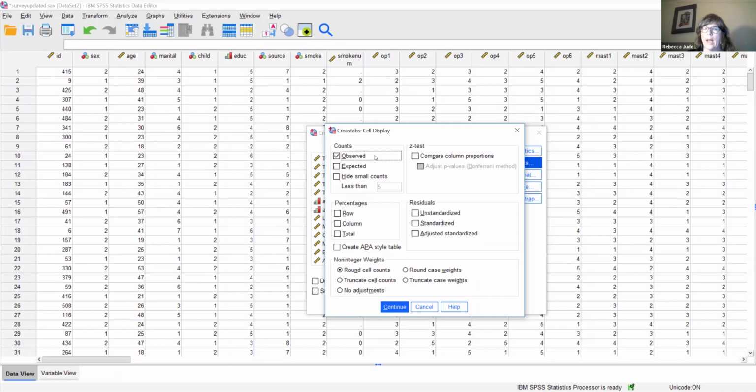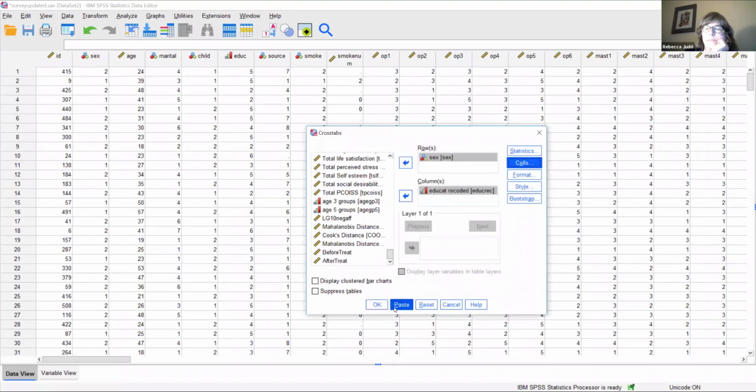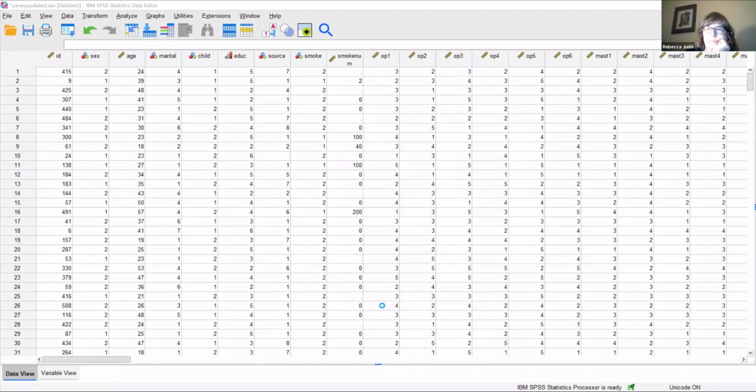You can. I just use observed. I also use row, column, and total percentages because this helps you understand the output a little bit better. Then I'm going to hit Continue, and then I'm going to hit OK.